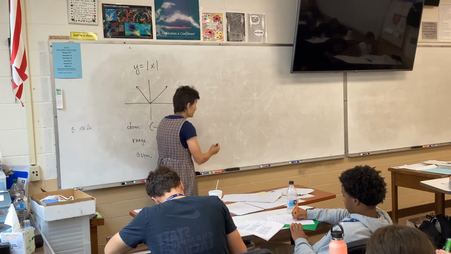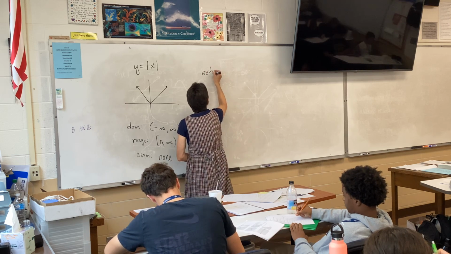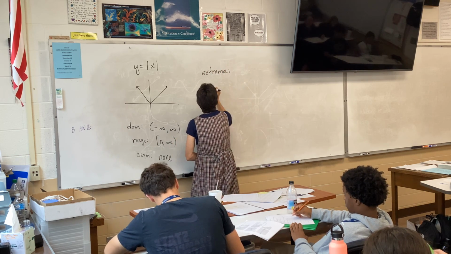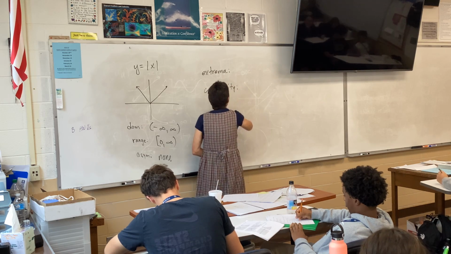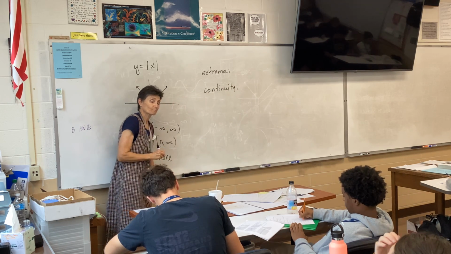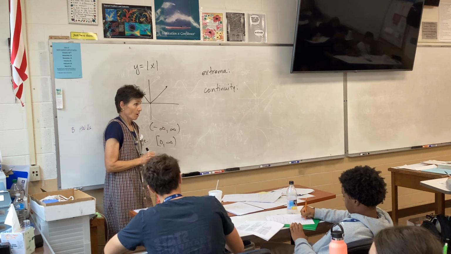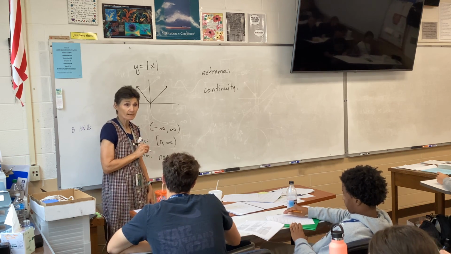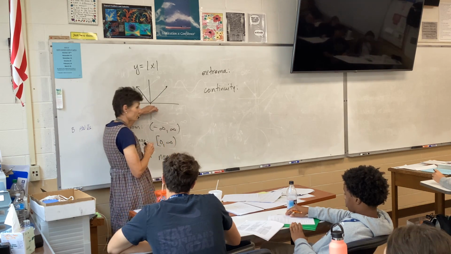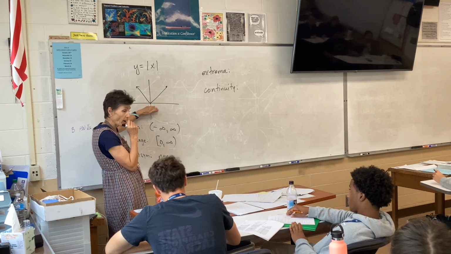All right, extrema and continuity. You have an absolute minimum. Okay, so look at this picture. Are there high points and low points? Well, there's a low point, right? So you would classify that as what?